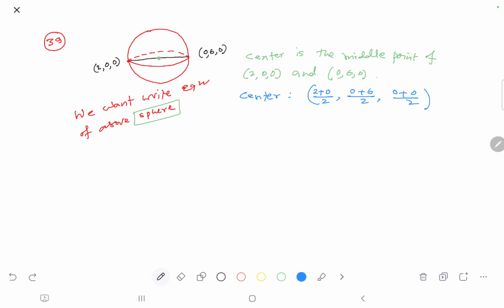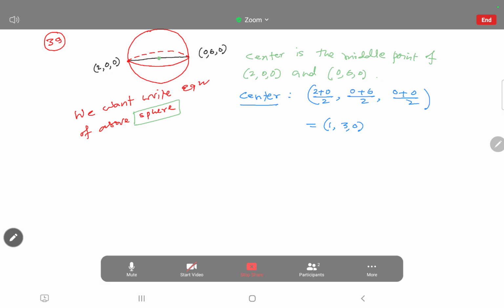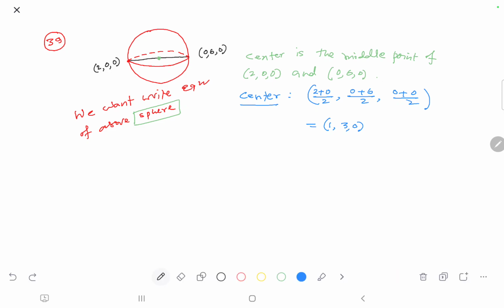Yes. So that is what we are going to do here. First, calculating the center, because the diameter endpoints are given, the center will be the middle point. So this is 1 comma 3 comma 0, right?